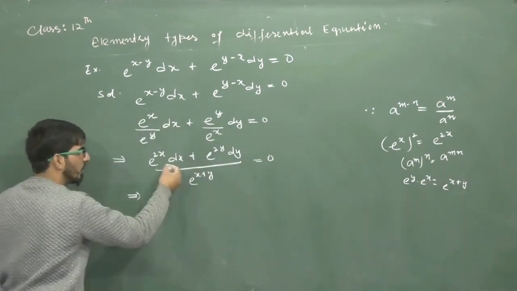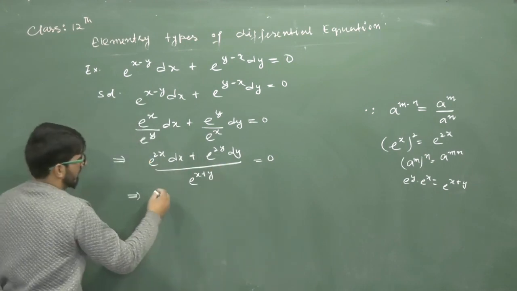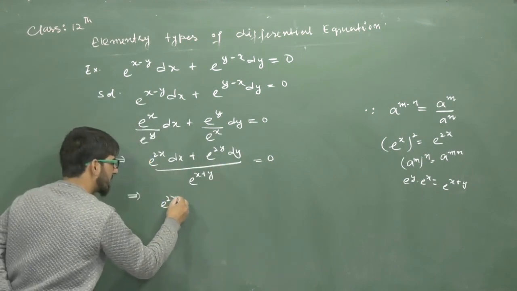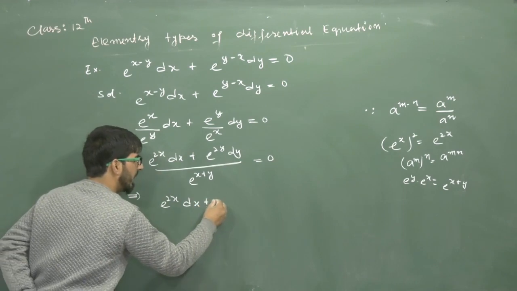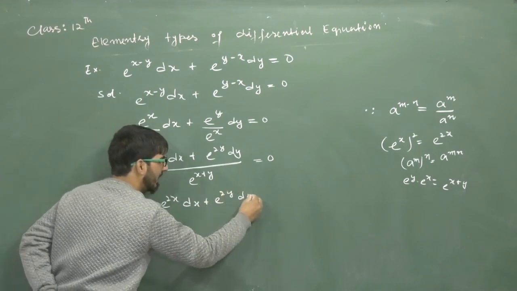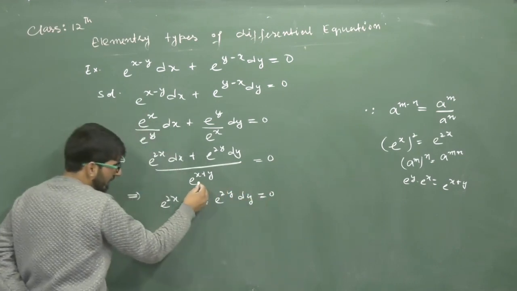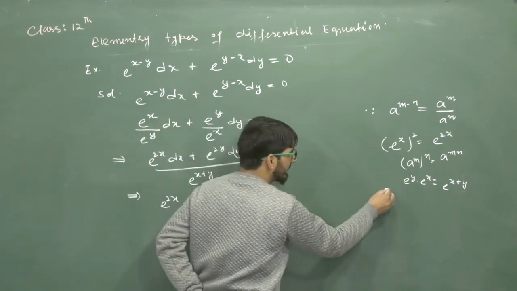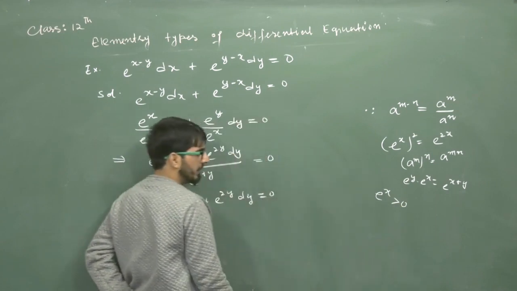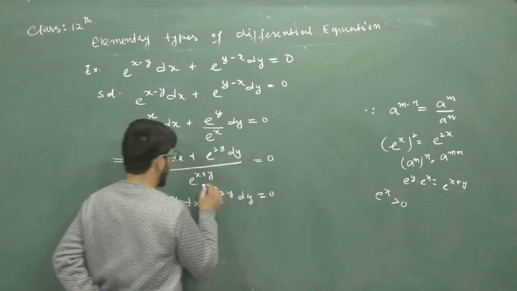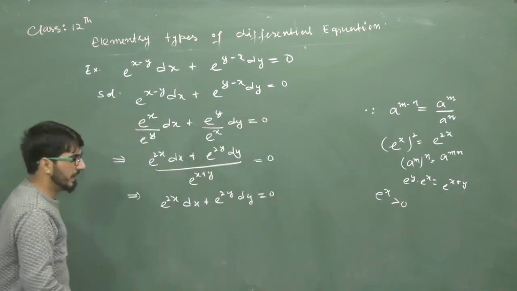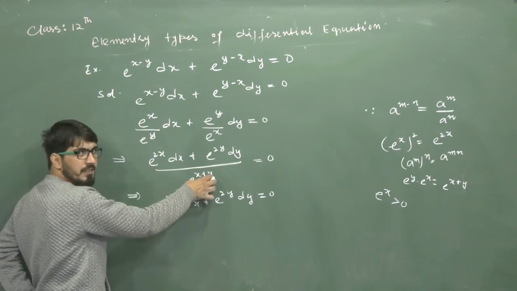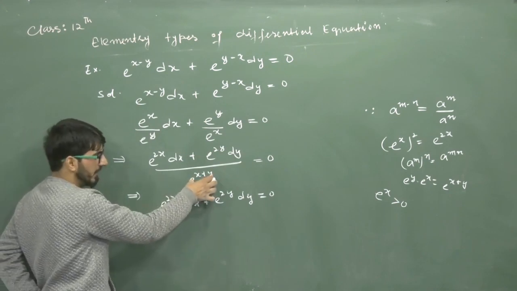Solving here, e raised to power 2x dx plus e raised to power 2y dy is equal to 0, because as we know that e raised to power x is always greater than 0, in other words we can say that e raised to power x plus y is a positive number, that is greater than 0.